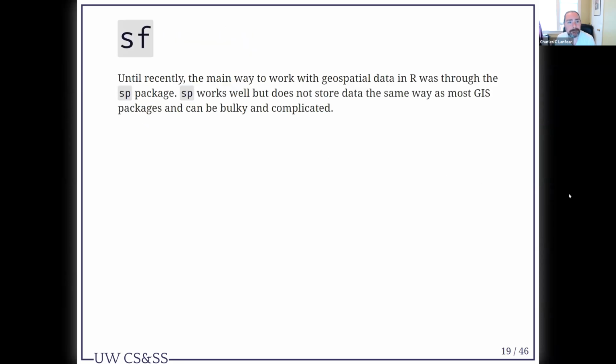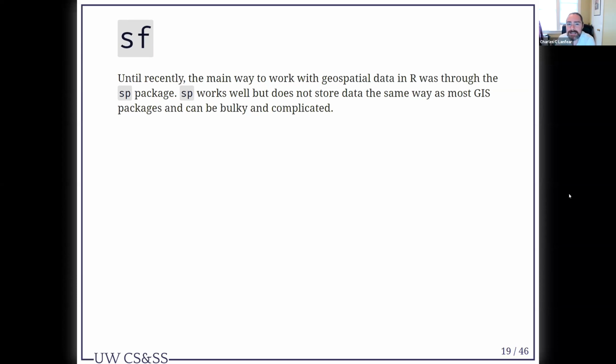Okay, so first thing. Up until recently in the R world, and by recently I mean the last 4 or 5 years, the main way you worked with geospatial data was with a package called sp, the spatial package. sp was around for a really long time, 15 or 20 years. It is a functional, powerful package that can do a lot of stuff.